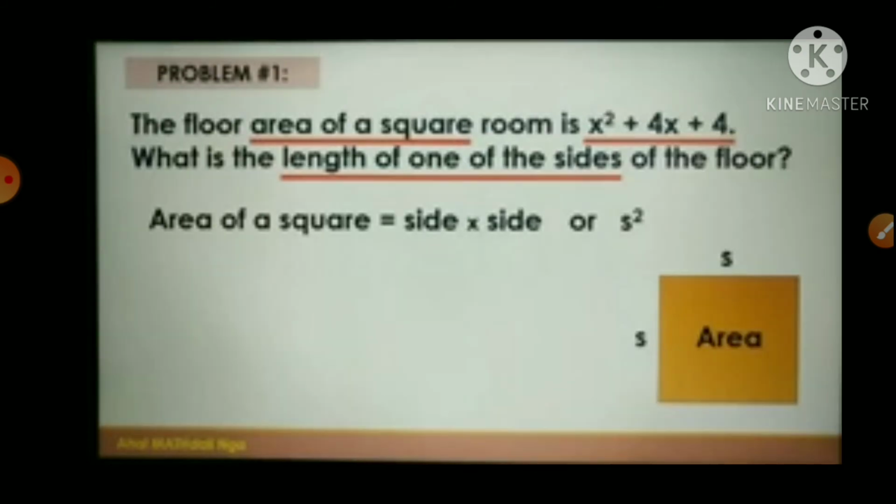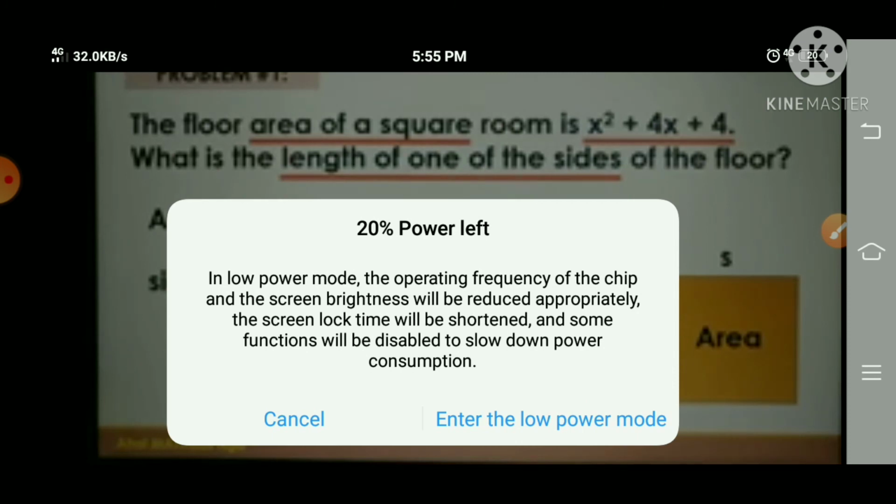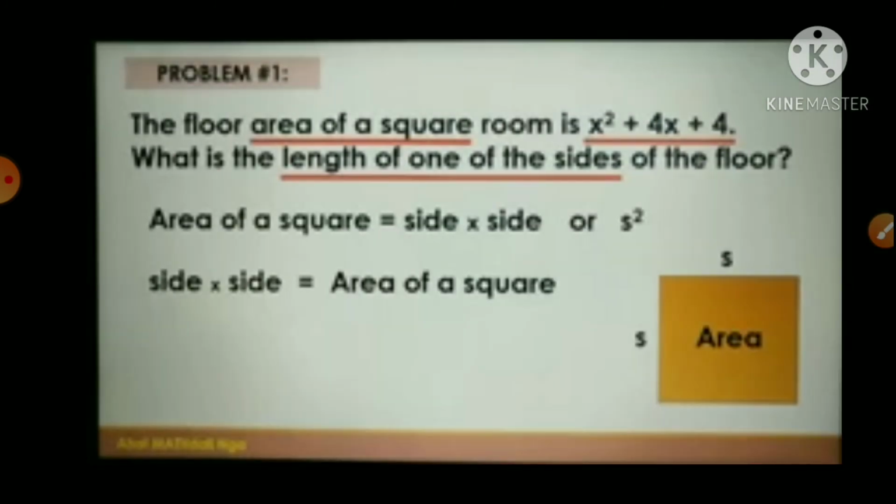Let's go back to the formula. The formula can be written in this manner: side times side is equal to the area of a square. We will substitute x squared plus 4x plus 4, which is the area of the square.